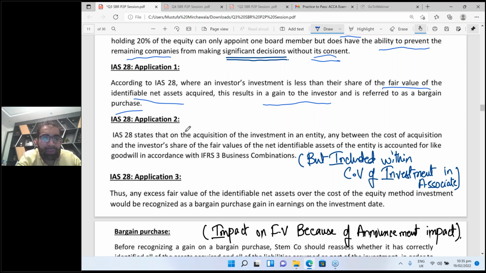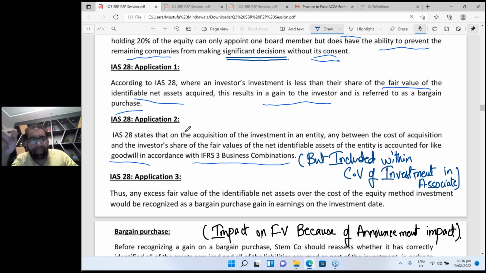Then IAS 28 states that on the acquisition of the investment in an entity, any difference between the cost of acquisition and the investor's share of fair value of net identifiable assets is accounted for like goodwill in accordance with IFRS 3 Business Combinations.